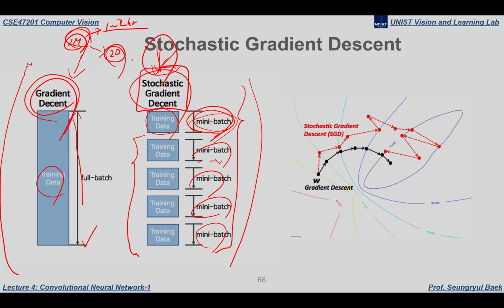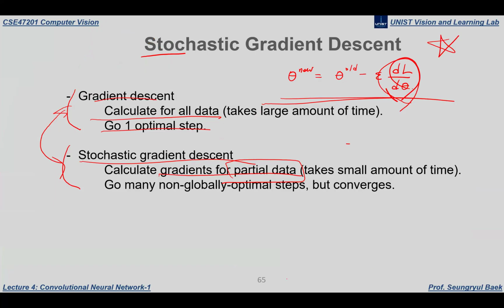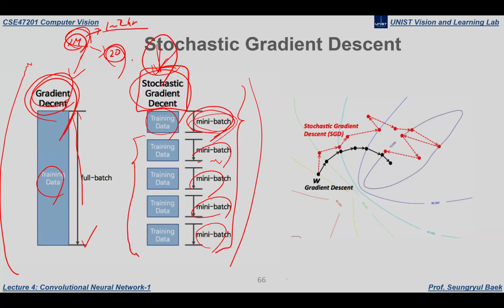That's the conclusion. But if you think about it logically, gradient descent calculates the optimal gradient by seeing the entire 1 million data, and then it goes one optimal step. Even though it makes only 20 updates, those 20 steps will be optimal.